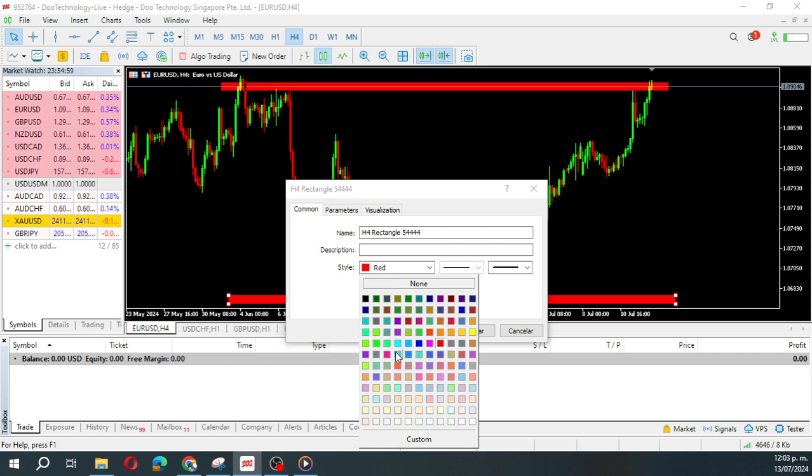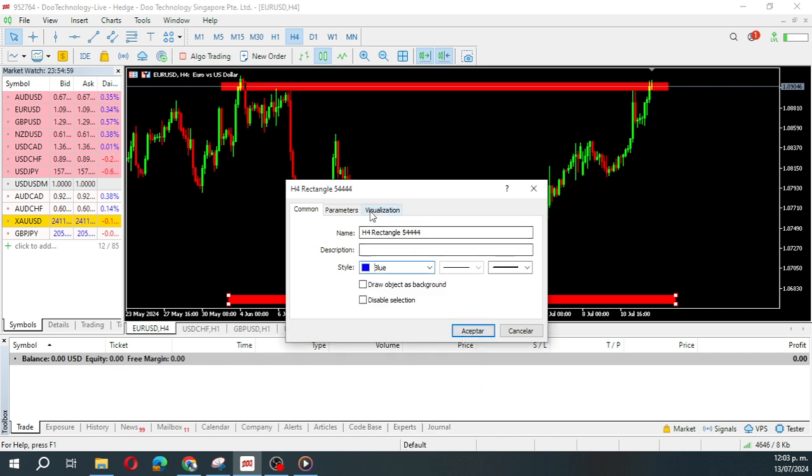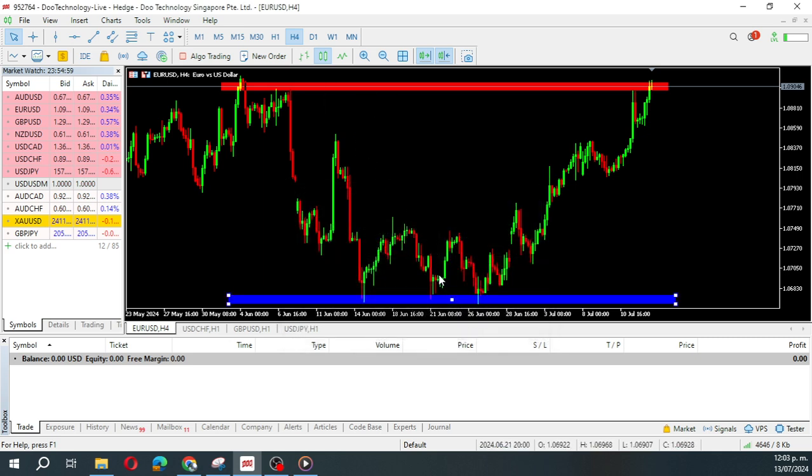I don't know. What is the blue color? Blue. This is blue. Okay, blue. Fill, right. So why red and why blue? I draw it red because it's going to go down. I fill it with blue because with this support it goes to the upper side. So right now we are going to start.